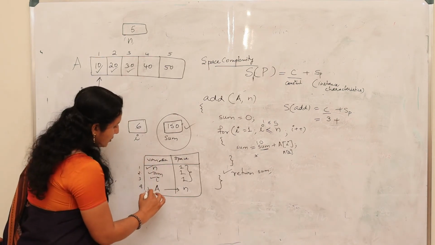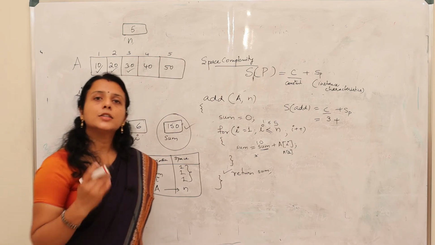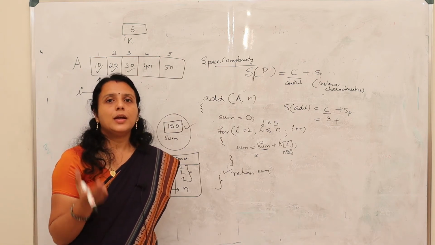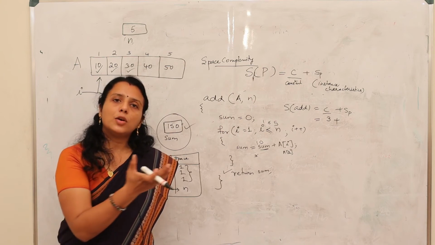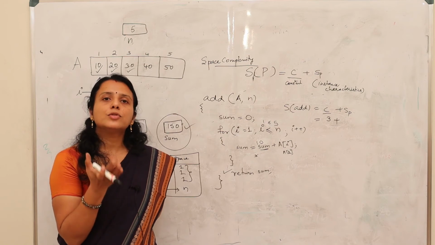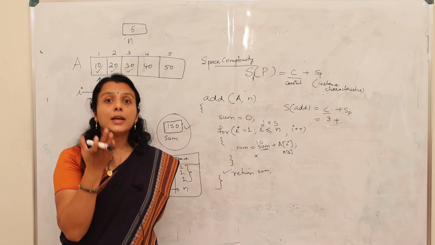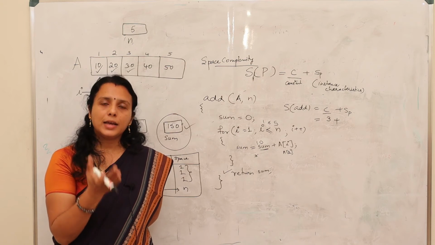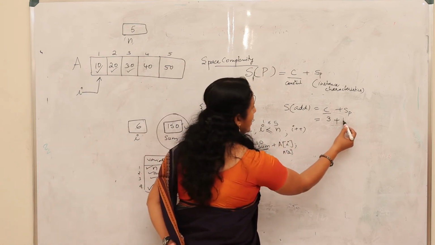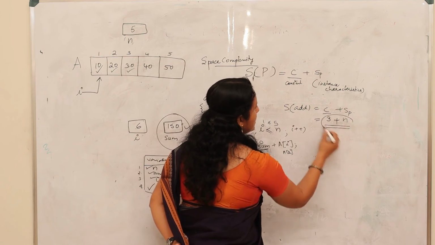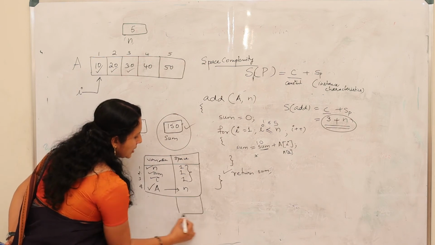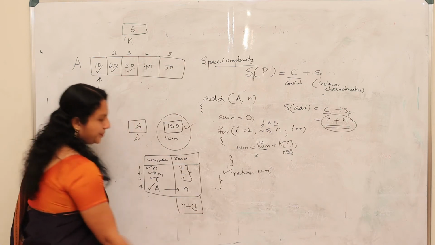This variable A, the array, and it is holding n memory words. Depending upon the value of n, it will hold that many memory cells. So the total memory words required by array A is n words, and we write n here. So the total space complexity is n plus 3.